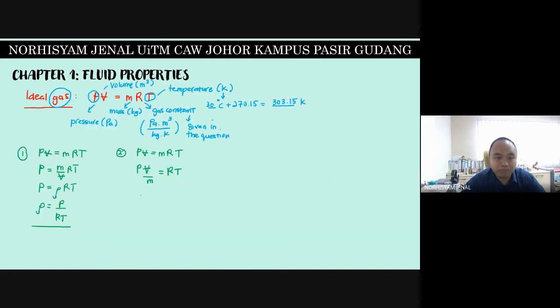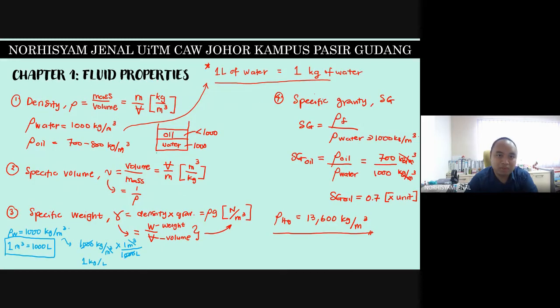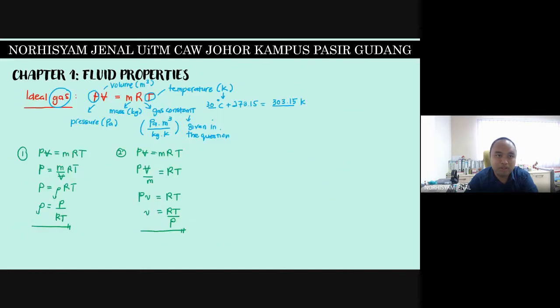So it becomes P times specific volume equals RT, and specific volume is equal to RT over P. Based on this equation, you can change it to get it in terms of density or in terms of specific volume. Those are the important properties that you need to know based on chapter 1.